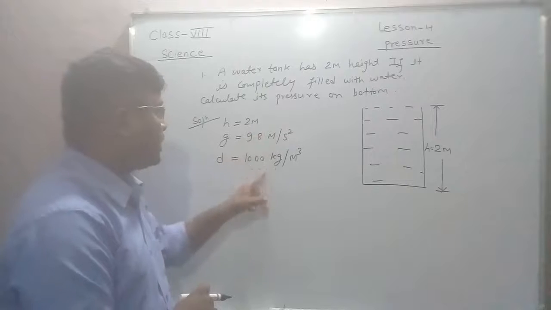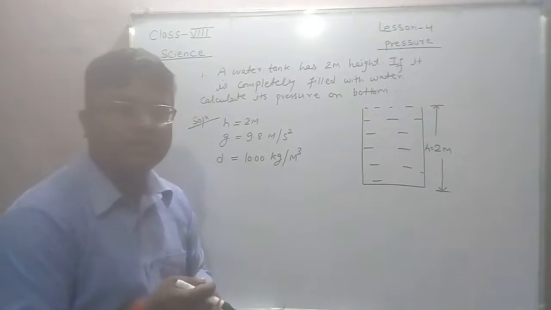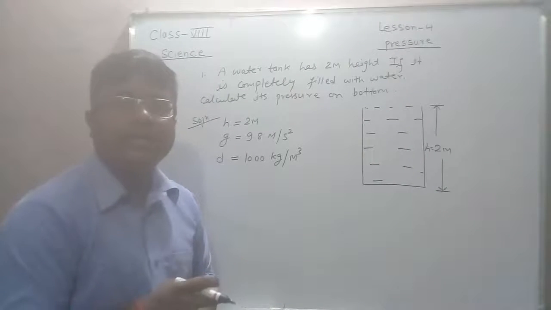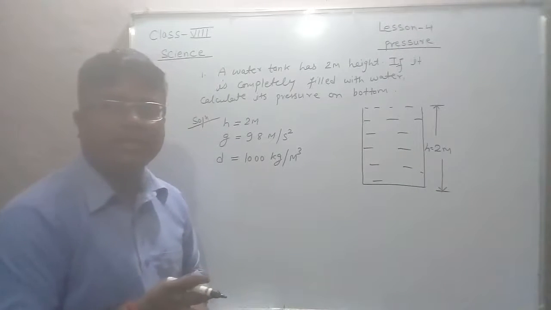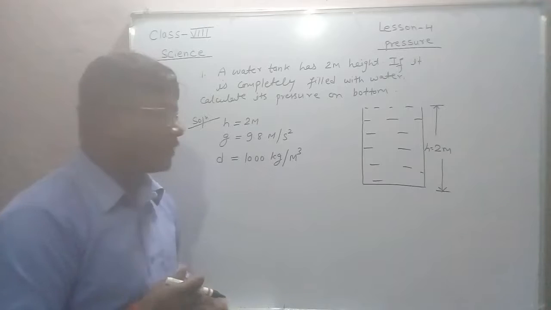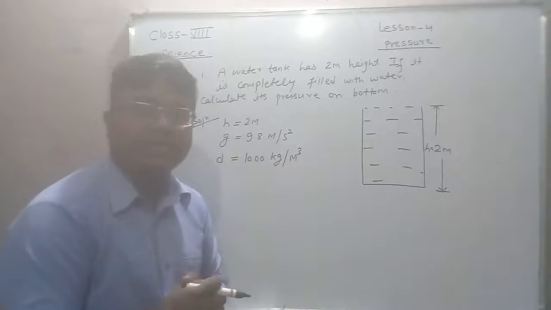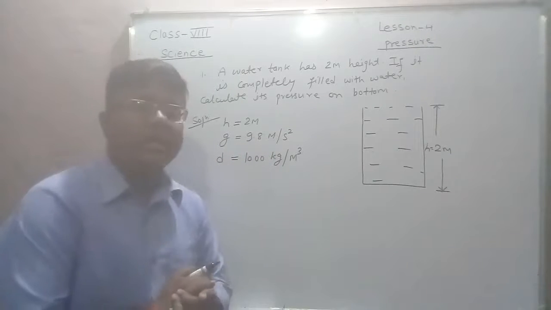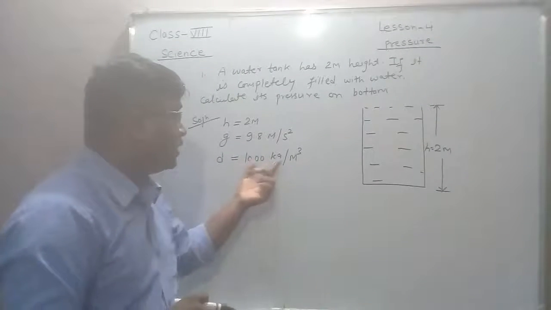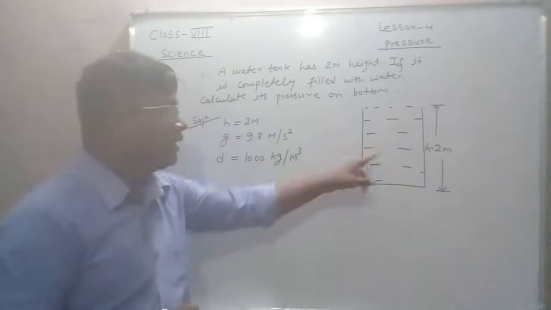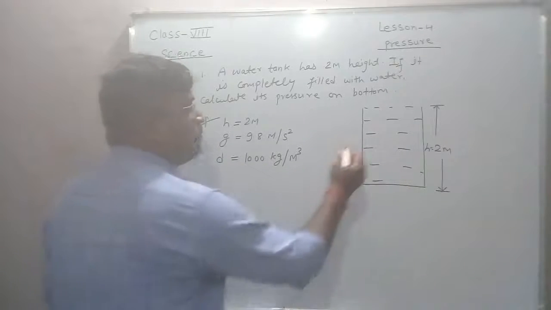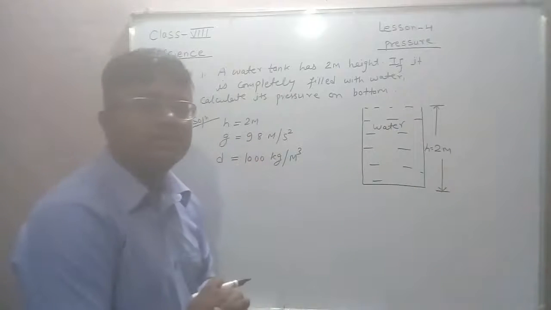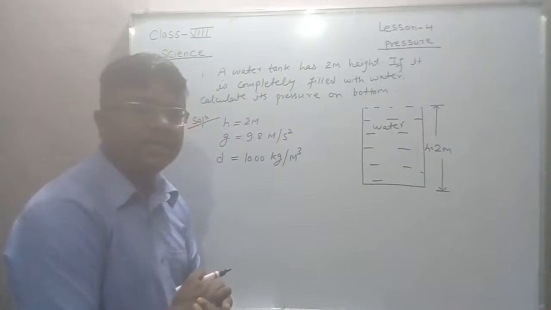Three data we have: height of liquid column 2 meter; acceleration due to gravity, 9.8 meter per square second, though for convenience in some books it may be 10 meter per square second, but its exact value is 9.8; and the density of the liquid used, that is water, 1000 kg per cubic meter.